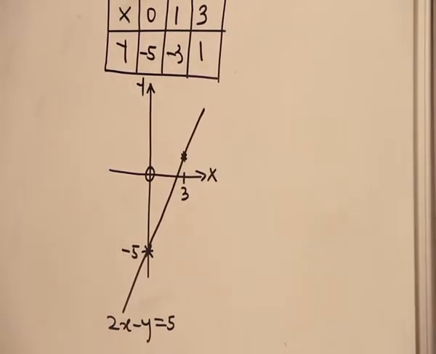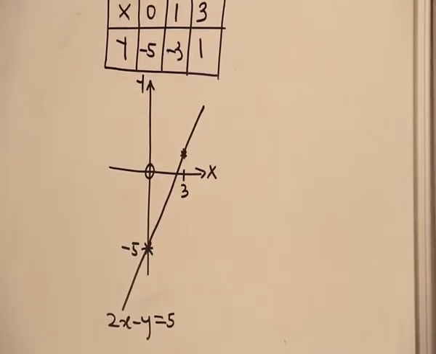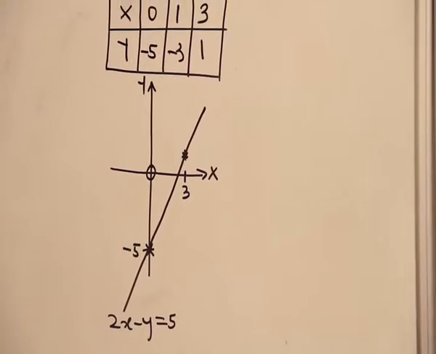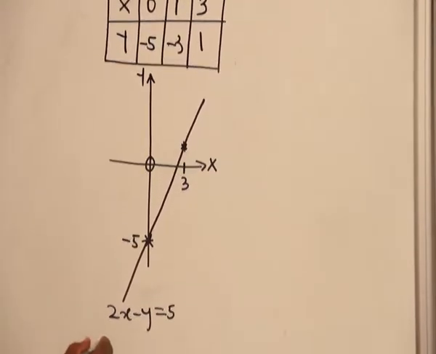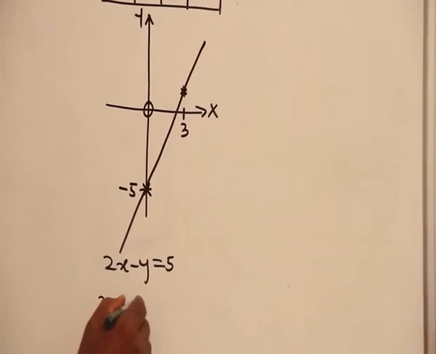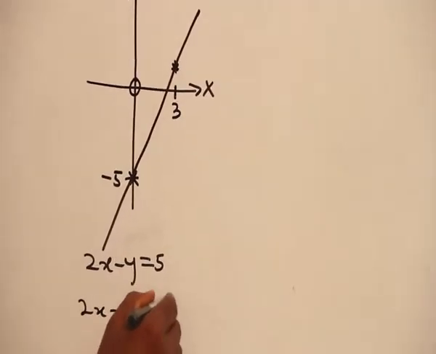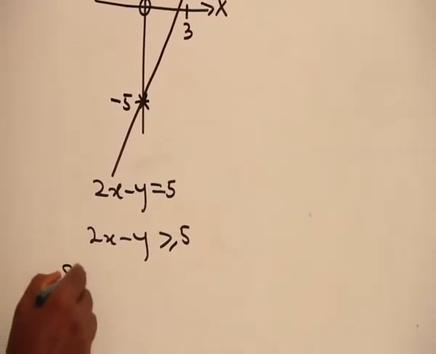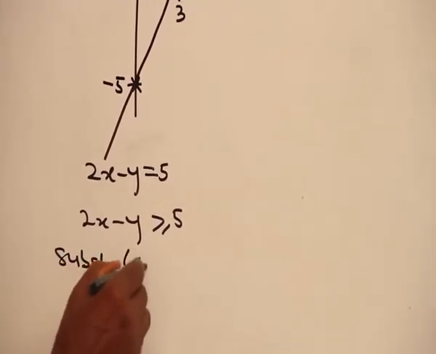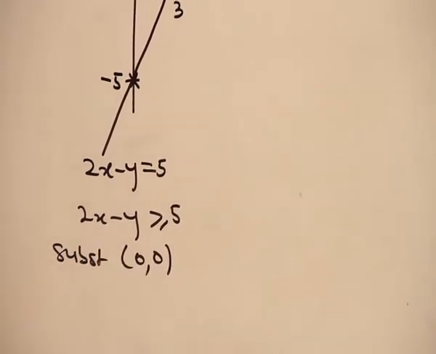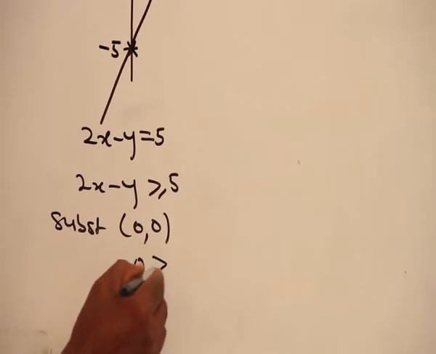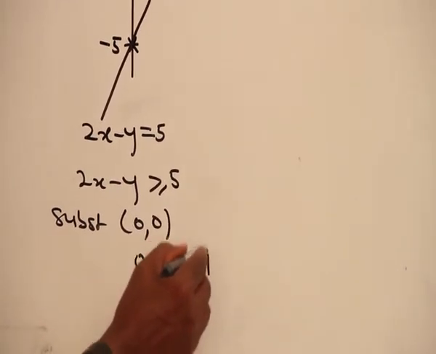Now we want to consider the point 0, 0, so as to know which area to shade. If you look at it very carefully, you have 2x minus y is greater than or equal to 5. So our test is to substitute the point 0, 0. When x is 0, minus 0 gives us 0, greater than or equal to 5. Is this true?